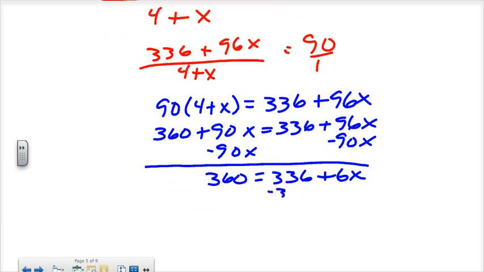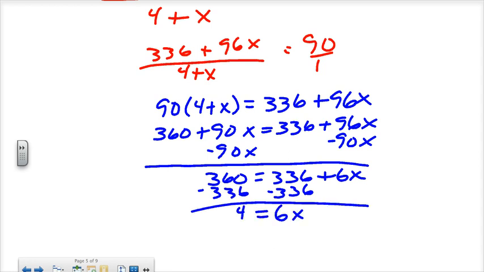Then we would go ahead and subtract 336 from both sides and get 6x equals 24. Divide both sides by 6, and there we are. We would need 4 tests to make that happen. So all your scores divided by the number of tests to get you that 90%.